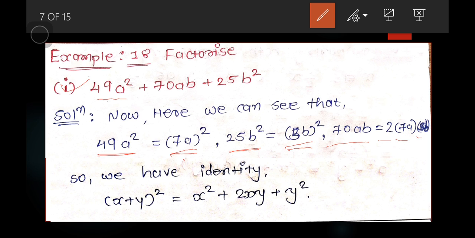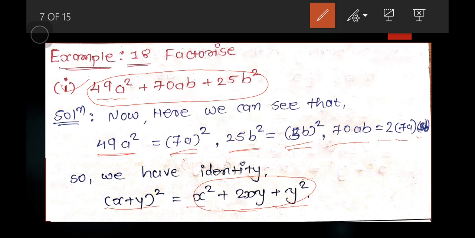Here we have the identity x plus y all square is equal to x square plus 2xy plus y square. You can see that this expression is similar to the given example. So we can factorize this expression as (x plus y) all square.